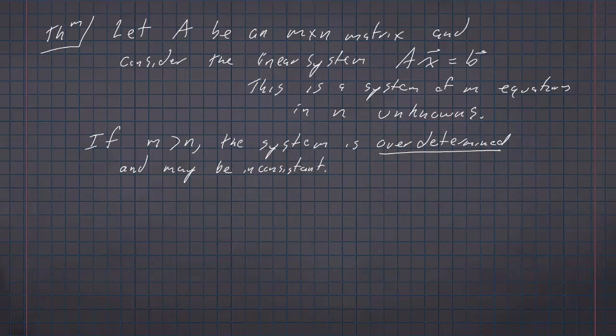If M is greater than N, then we say that the system is overdetermined. And an overdetermined system may be inconsistent. I have to say may here because there's always the possibility that some of the equations in the system are redundant. That happens.